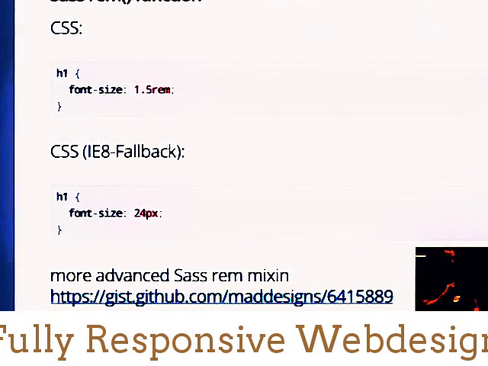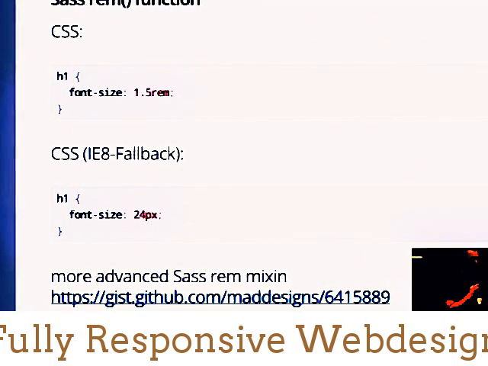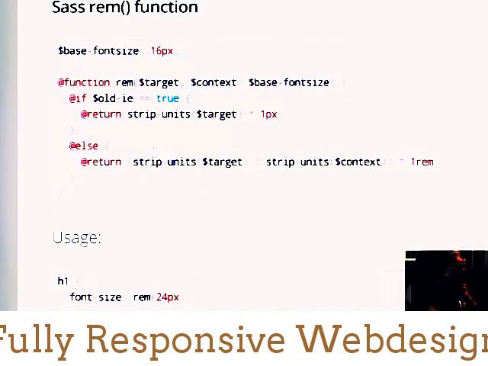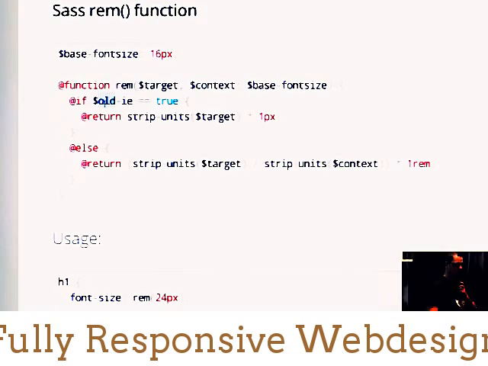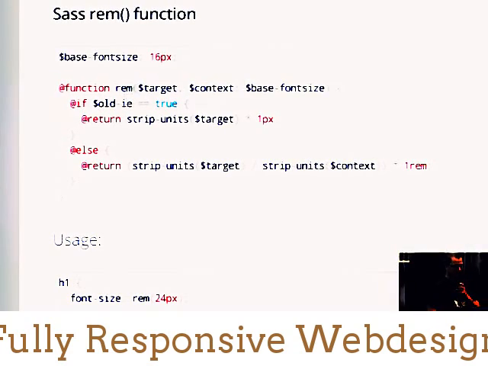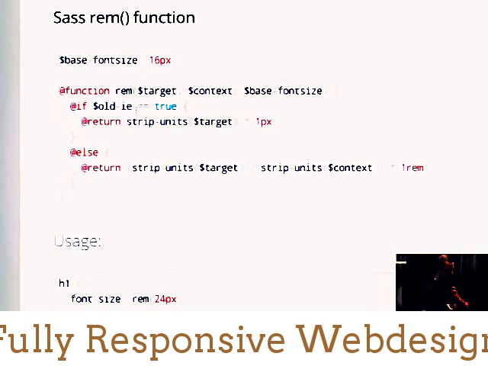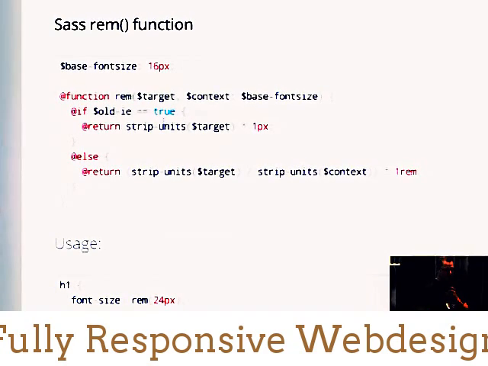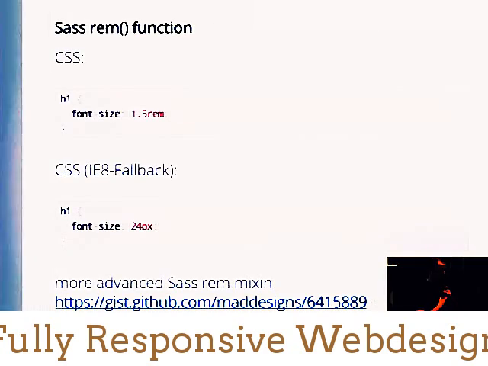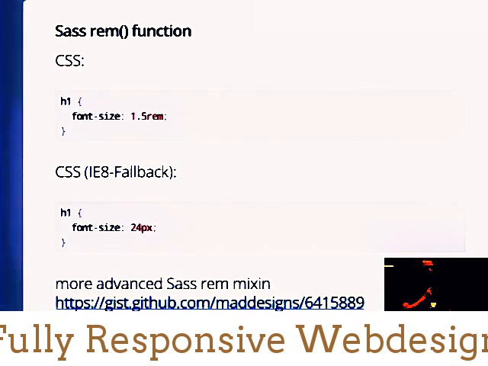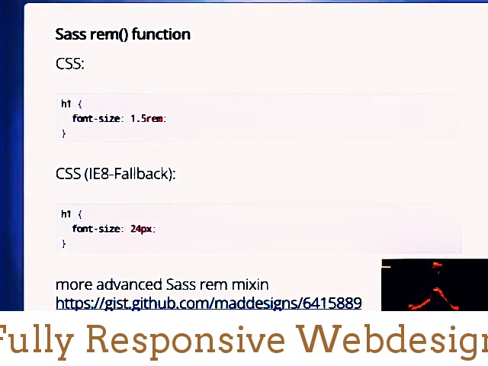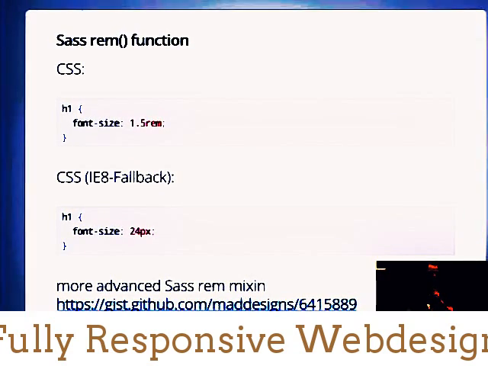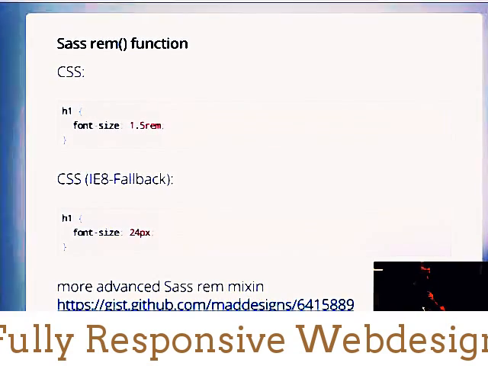In old browsers, you get the 24 pixel that you entered. You see here's a little condition: if oldie is true, that's for the old IE browsers, they get a separate CSS style from my Sass. They will get the pixel value, and all other modern browsers get the REM value. And there's a more advanced Sass REM mixin that can do a little bit more.